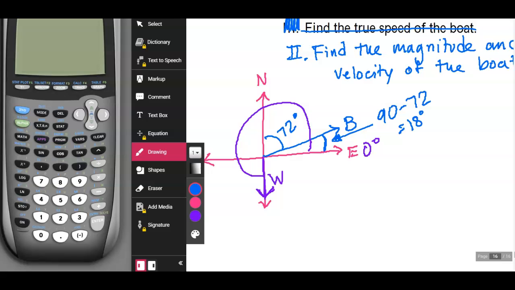Yes, 18 degrees. Good. This is our direction angle of B.